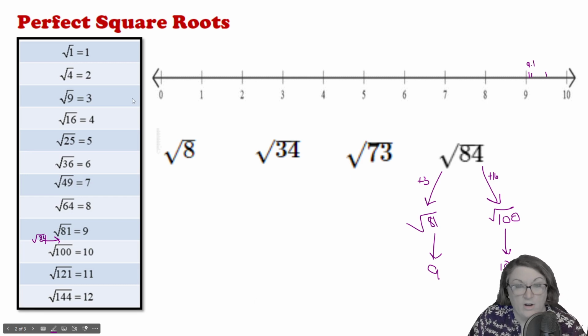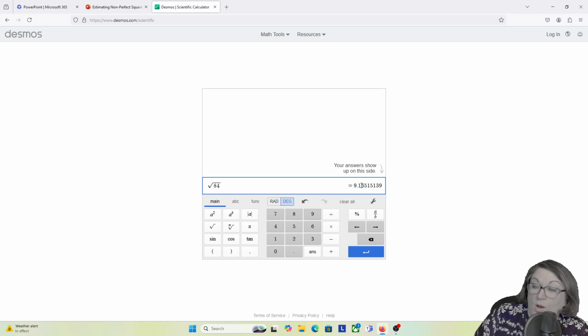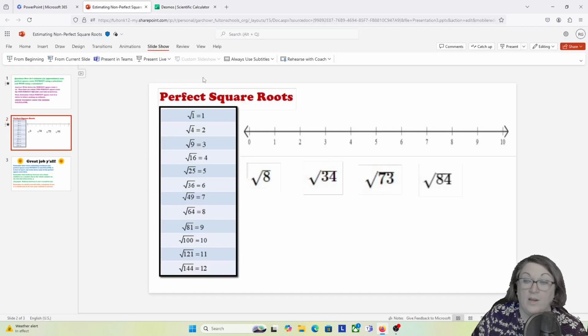Let's check it out in our calculator and see what we get. All right, so Desmos, we're going to use this, and we're going to hit 84. And it's 9.16. Now this 6 means I do need to round that 1 up to a 2 if I'm rounding this to the nearest tenth. So 9.2 is actually the best answer when you round that non-perfect square root, or that irrational number.